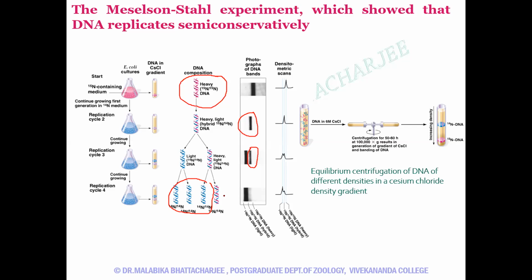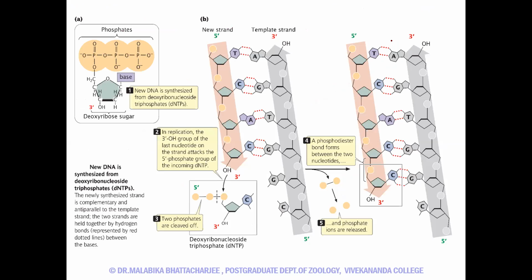All the newly synthesized DNA strands now contain N14. So once it was sure that DNA replication follows the semi-conservative pattern of replication, there is one template strand, and on that template strand, a strand is newly synthesized.